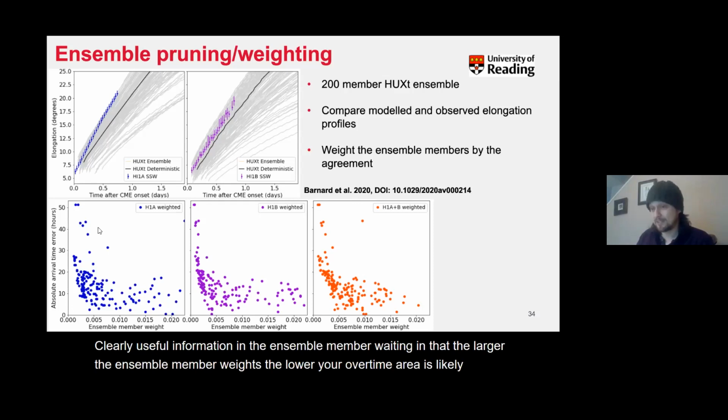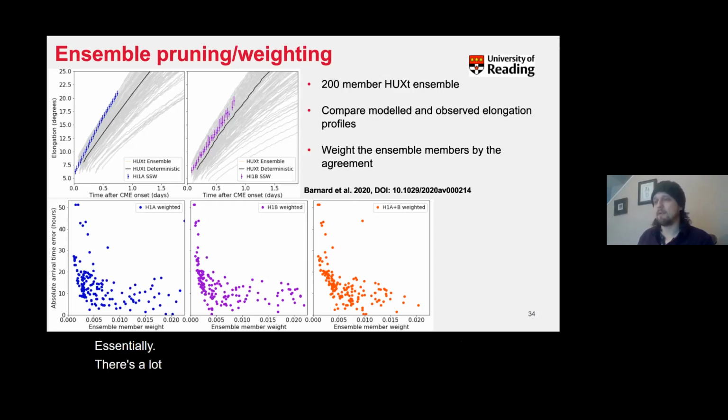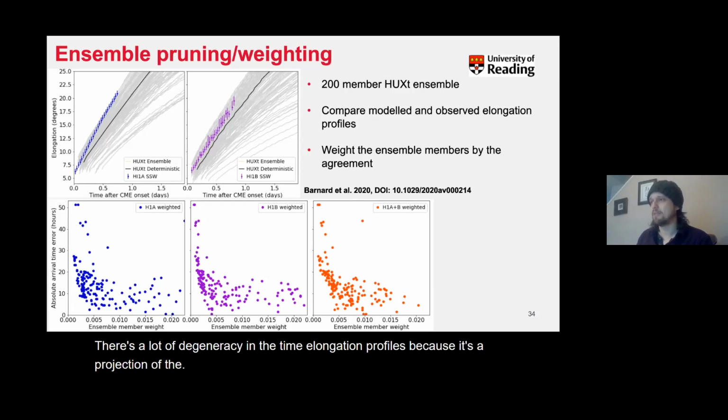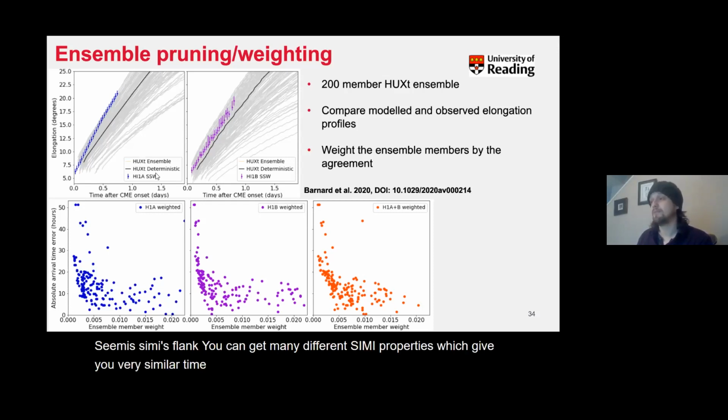But there's also a lot of scatter in this, because essentially there's a lot of degeneracy in the time elongation profiles, because it's a projection of the CME's flank. You can get many different CME properties which give you very similar time elongation profiles.